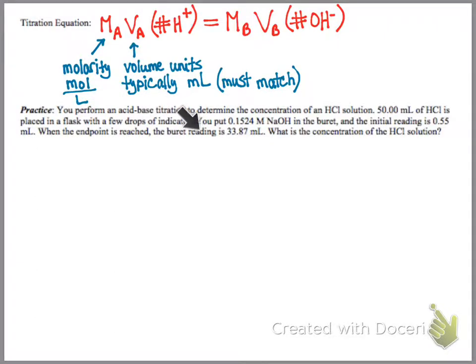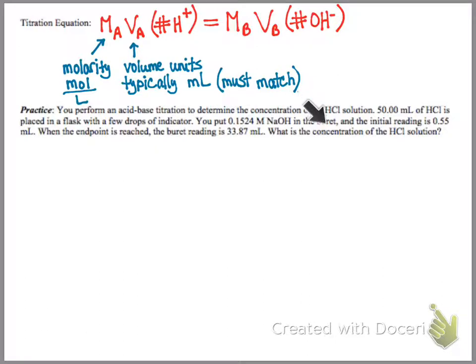The indicator is going to make it turn color when the protons and the hydroxides are equal to each other. And then we use sodium hydroxide, this is our base, and we know its concentration. It's 0.1524 molar. We're going to use moles per liter for concentration for both of these.